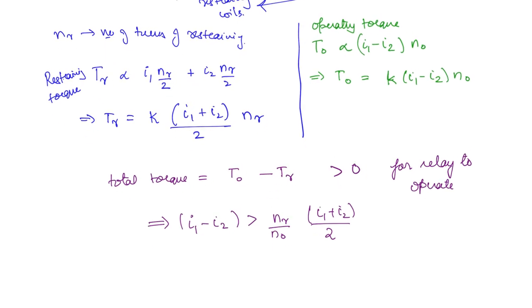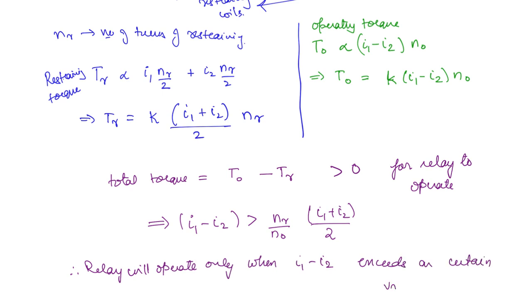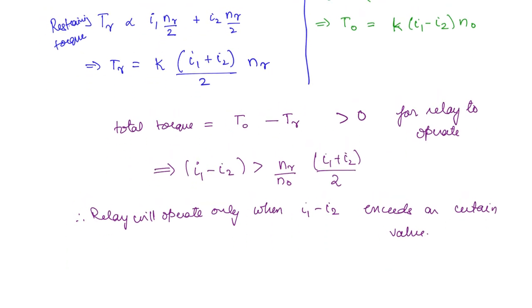Therefore the relay will operate only when the difference I1 minus I2 exceeds a certain value. This kind of differential protection is called biased or percentage differential relay.